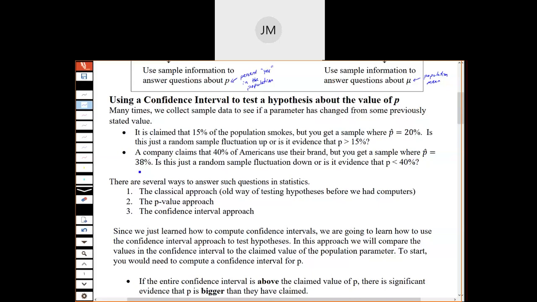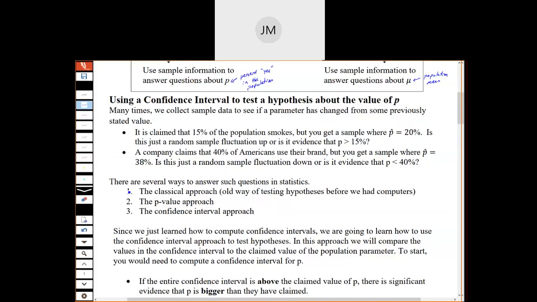What we want to do is have a mathematical tool for answering that question and having a reason why we answer that way, instead of just, I think it's this. So here are the tools that we can use. There's a few different ways that we can answer this. There's the classical approach, which we're not really going to go into. That's hypothesis testing before we had computers.